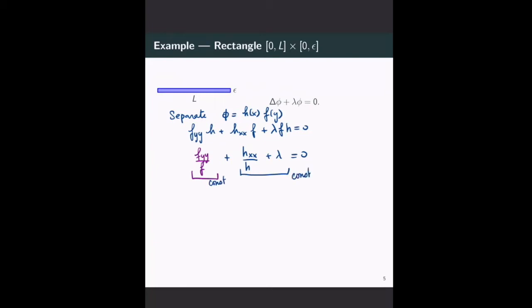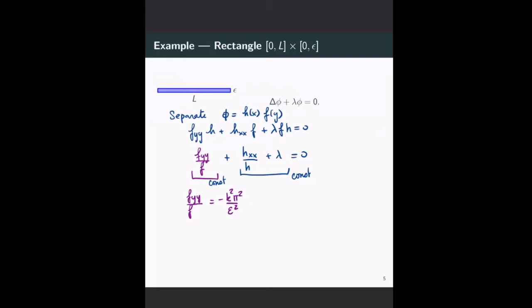And we've seen in the previous example that if you write fyy equals constant times f, the good constant to take is going to be minus k square pi square over epsilon square, which is our lambda in the one-dimensional problem.